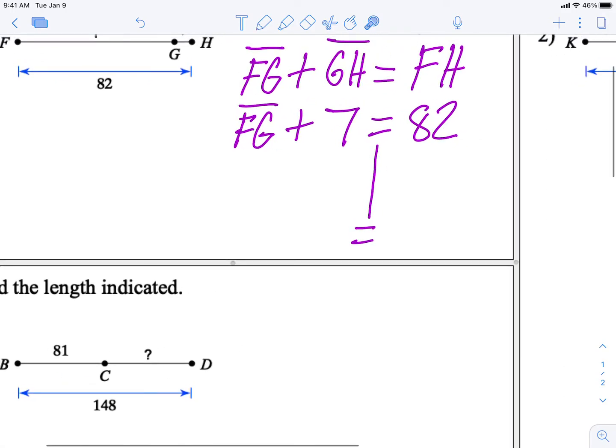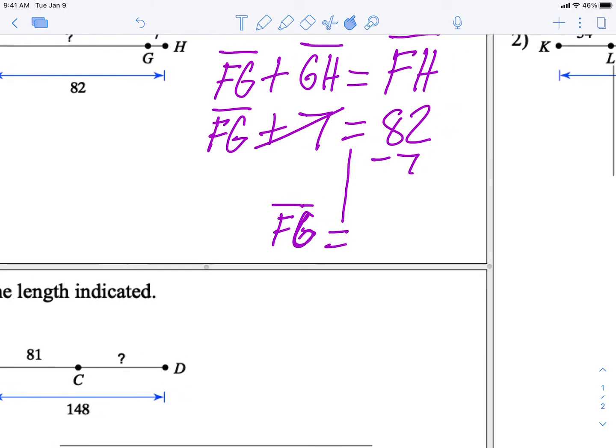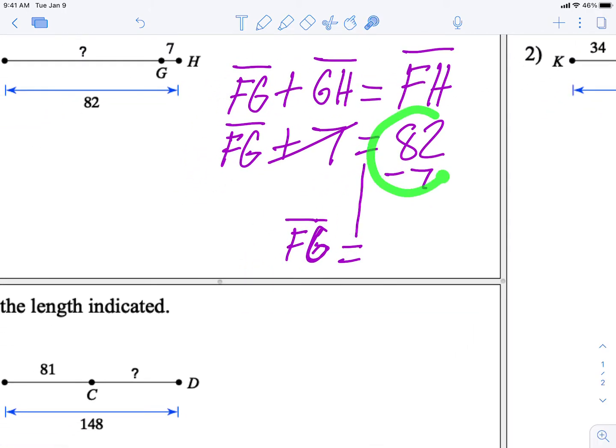FG is what's coming down here. So segment FG, a G here. And we're going to move this positive 7 over and it becomes negative 7. And 82 minus 7 is 75.